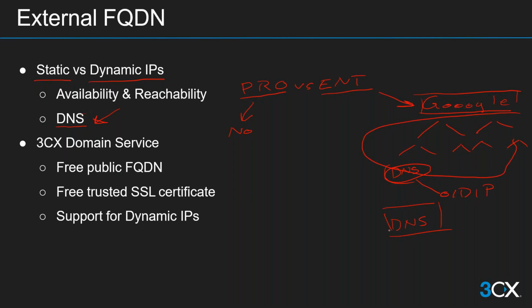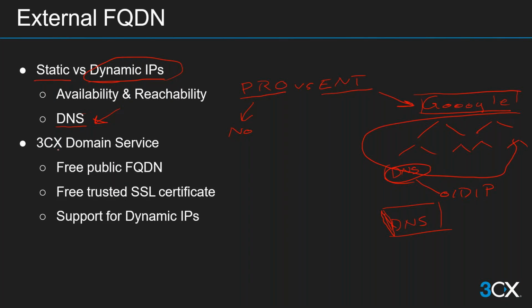In that regard, the customer's IT would actually have to manually refresh those entries of the dynamic IP address. So you can see it's quite a mixture of issues that you can have if you use dynamic IPs versus static IPs.